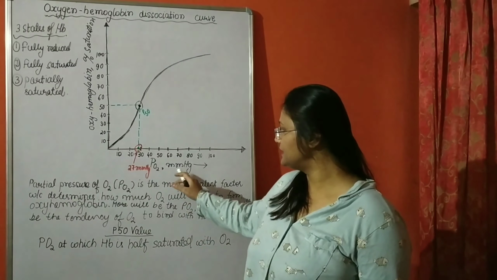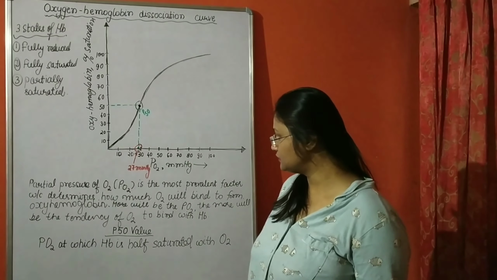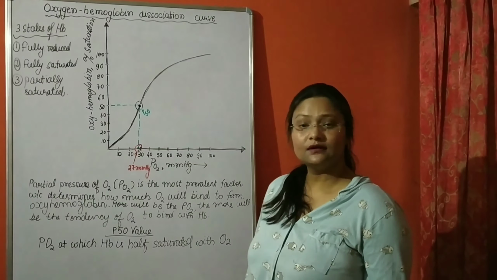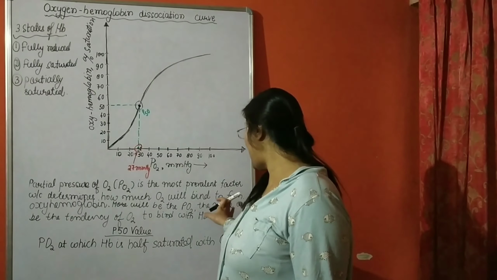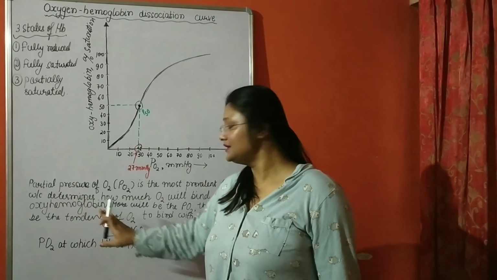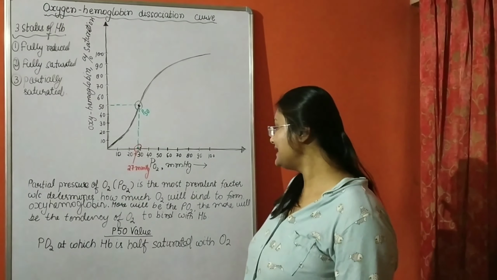So the partial pressure of oxygen, indicated by PO2, is the most prevalent factor which determines how much O2 will bind to form oxy-hemoglobin, right?